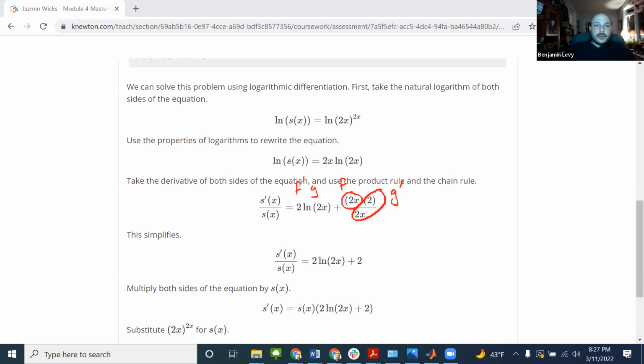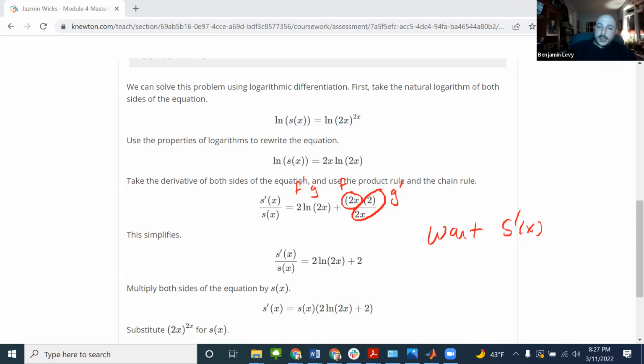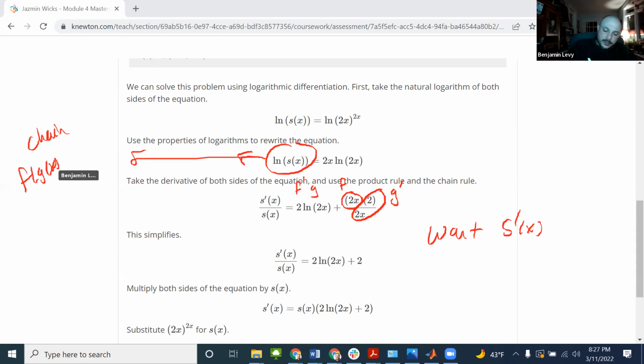And so the goal here is to get s prime, right? Yep. You want s prime of x because we're trying to get the derivative. On the left side, the thing that we didn't look at on the other page, doing the derivative of this is the exact same kind of chain rule. We have f of g of x with our outside function being ln, and the inside function is s.